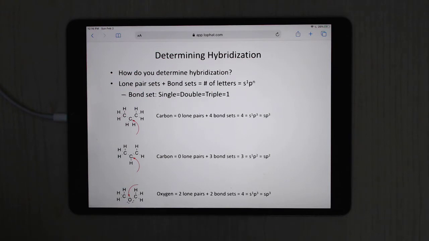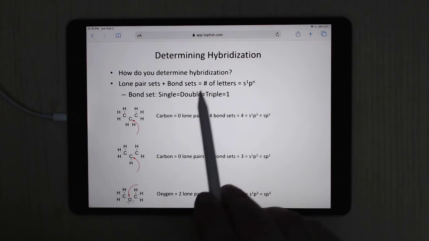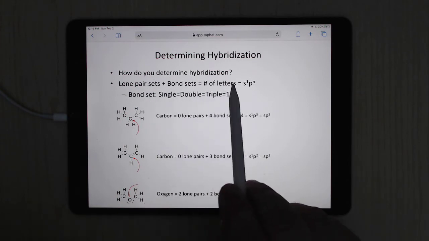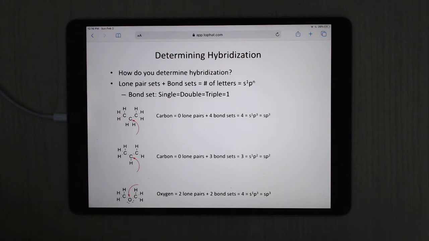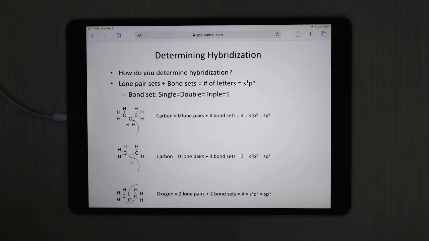For that, we count the sets of lone pairs, and then the bond sets, and that's going to tell us how many letters we need. The first one's going to be S, just like we're always going to have a sigma bond, and then multiple pi's. Same thing here. We're going to have an S, and then we're going to add p's. But remember with the sets, a single, a double, and a triple bond each count as 1.